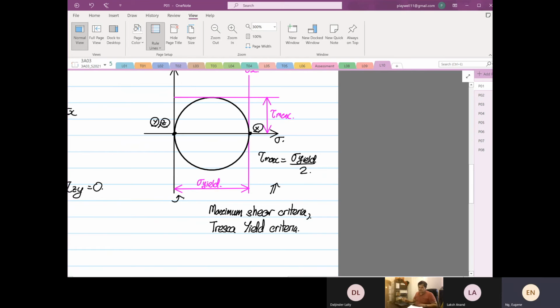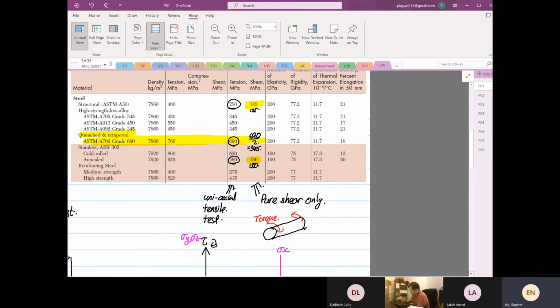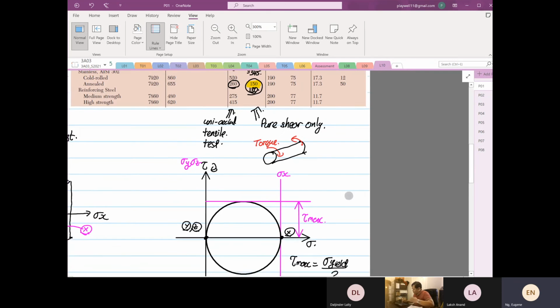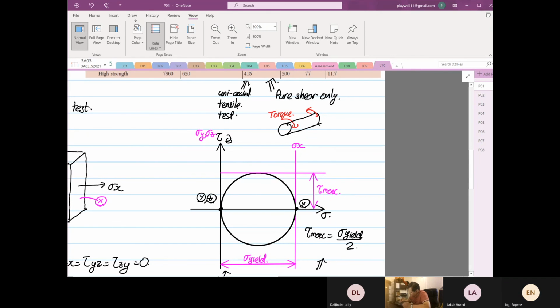Later on, I will explain why, but you can see Tresca tends to under approximate. So if you use Tresca, the values are lower than those that are tested. Now, where am I going with this?